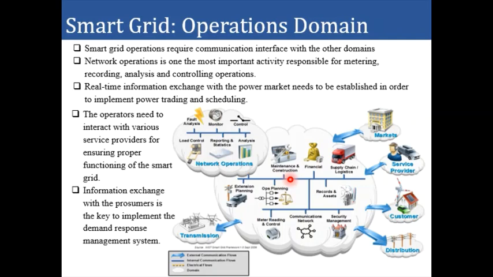What are the various operations? The operations include maintenance and construction of the power system network, financial aspects of the power system network, maintaining the supply chain and logistics, record of the assets, operations planning, extension planning, meter reading and control, maintaining the communication network, maintaining security management. Out of these, the major role played by operations is network operation.